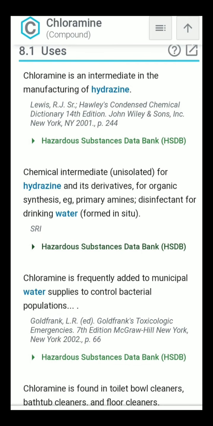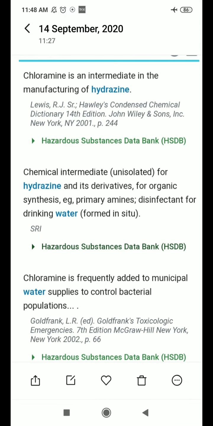In the bigger tank, the people of the municipal corporation or your villages add this chloramine or powder to the tank, and this water is supplied through different pipelines to your home. So this is all about chloramine.